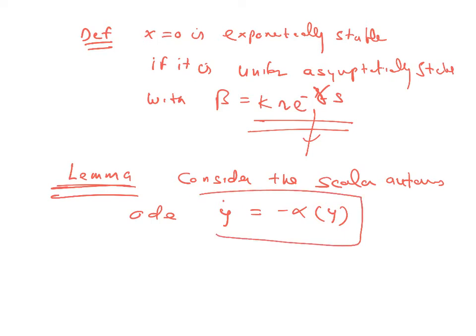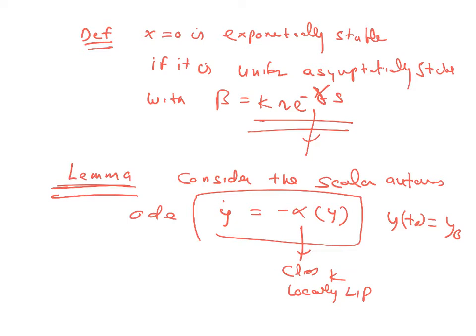If I have an ODE where y dot equals the negative of a class K function, alpha is a class K function and locally Lipschitz, and y of t0 equals y0. If you can put your y dot into this form, then what can you say about the solution?